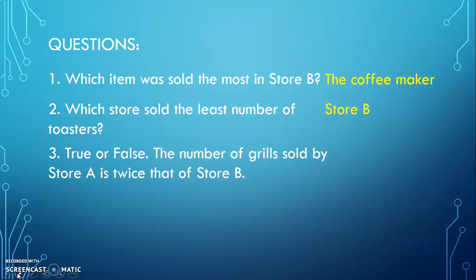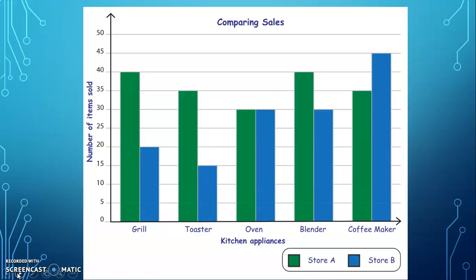Okay, third question, it's true or false? The number of grills sold by store A is twice that of store B. Okay, so the key word is twice that of store B. So I know that twice is also double. Okay, so let's go back to the graph. So we go to the kitchen appliances down the bottom. We find the grill columns.